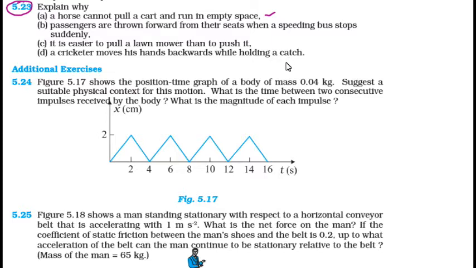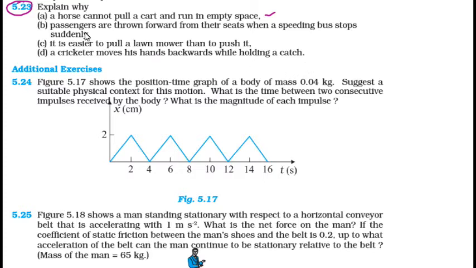B. Passengers are thrown forward from their seat when a speeding bus stops suddenly. C. It is easier to pull a lawn mower than to push it. D. A cricketer moves his hand backward while holding a catch.